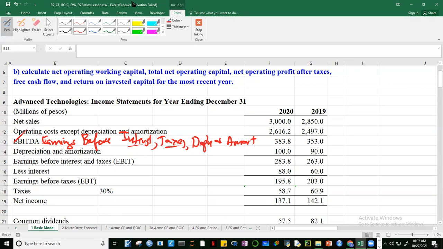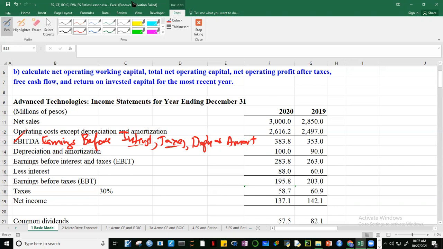Now, my question is, why do you think EBITDA is being singled out? Of all the operating expenses, we're singling out depreciation and amortization in order to arrive at a measure called EBITDA.